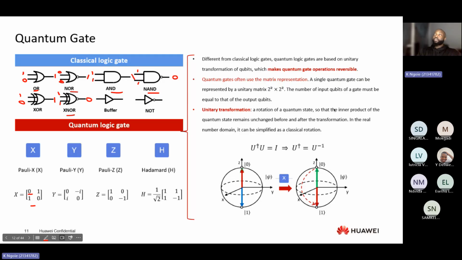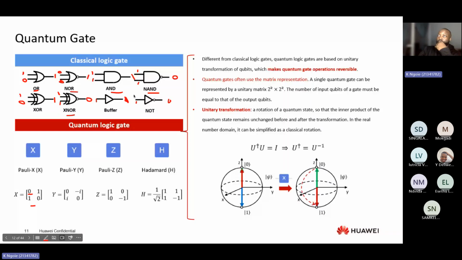Now when we have these buffers, the buffer gives the same output as input. So if we have a 1, it shows as a 1 as well. If you have a 0, it shows as a 0. But in the NOT gate, it's just the opposite. If the signal is a 1, it gives us the opposite, which is a 0.